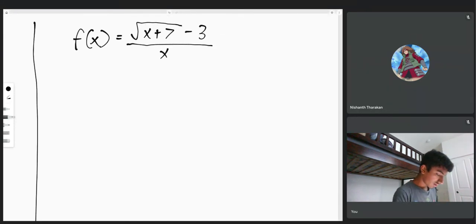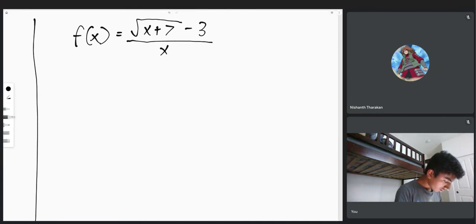We want to take the limit of this as x goes to 0, f of x.